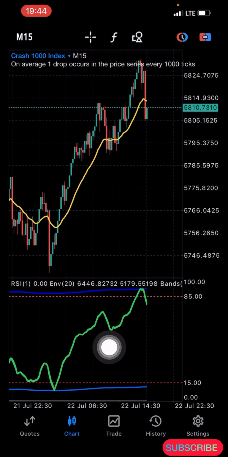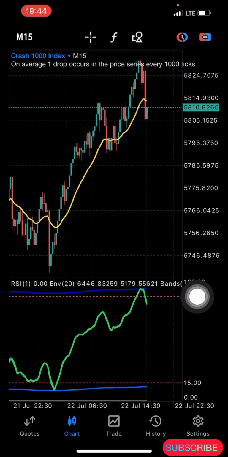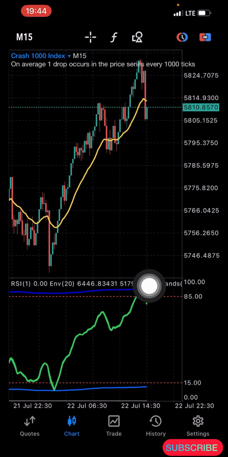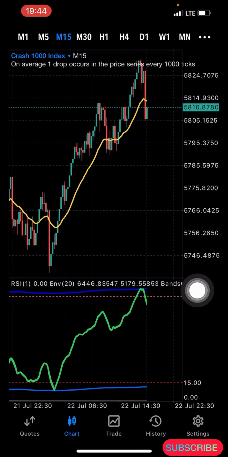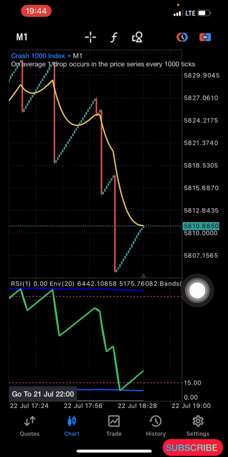Once you spot that price has gotten to this overbought level, make sure it's touching the blue Bollinger Band here before waiting for the condition on the 1 minute time frame. Once you see that it has gotten to the overbought level and this green line is touching the blue line, then you go to your 1 minute time frame. The 1 minute time frame is where you'll be taking the entries from.